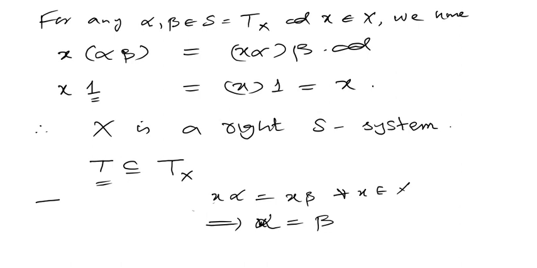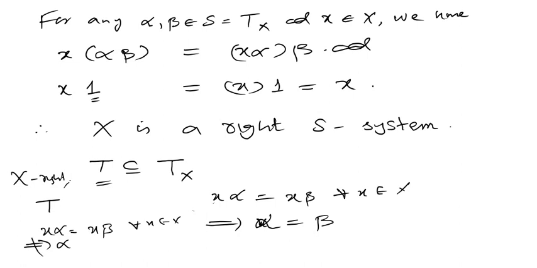If T is any right S system, where x alpha equals x beta. Now T is not the transformation semigroup. T is any monoid, and X is a right T system. So in this case, x alpha equal to x beta for all x in X does not imply that alpha is equal to beta.